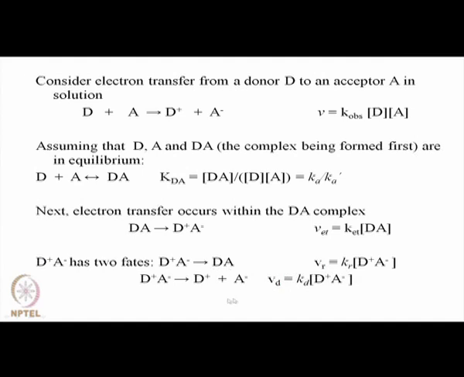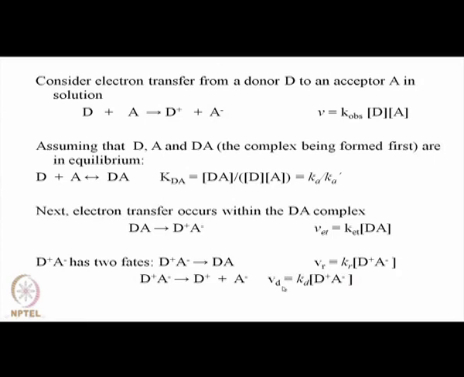Okay. The other option is that, as I told you, after the electron is transferred, D plus A minus will separate out, producing isolated D plus and isolated A minus. So, the rate of dissociation of D plus A minus is Kd times the concentration of D plus A minus.